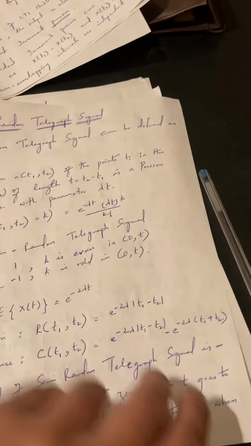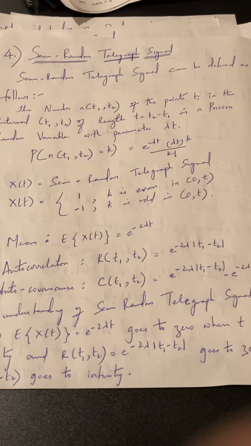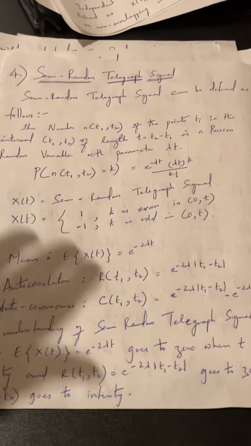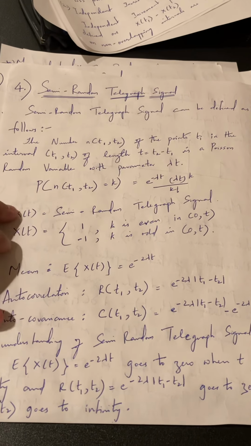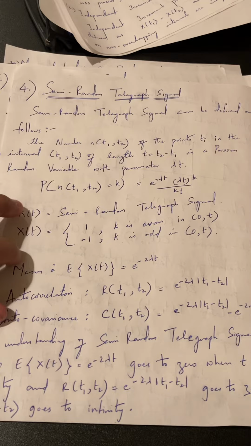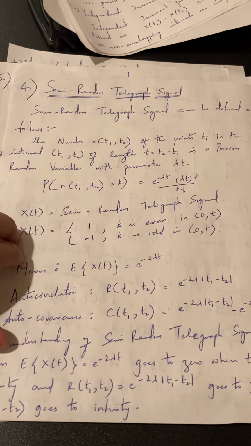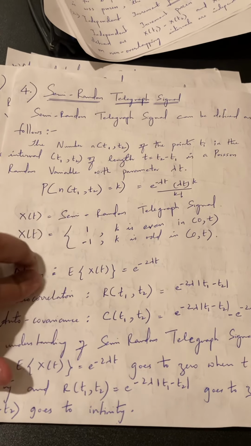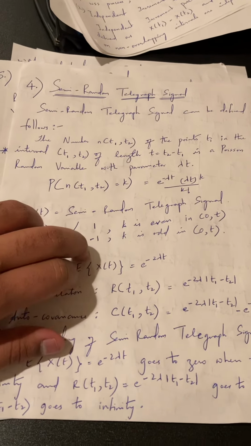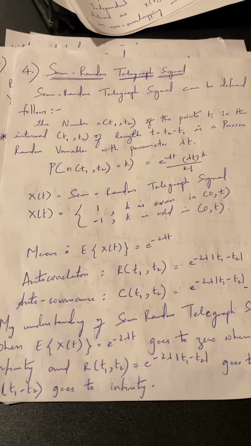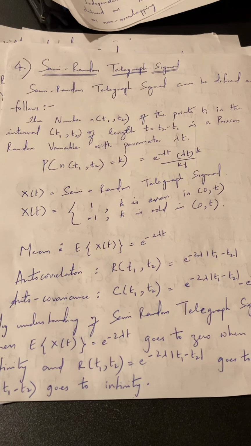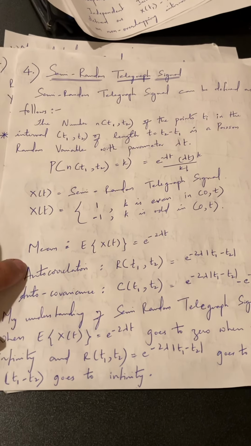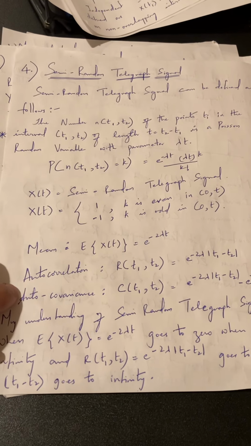The semi-random telegraph signal can be defined as this equation, where when k is even it is x(t), and when k is odd it is minus x(t). The mean is e to the power of minus 2 lambda t. The autocorrelation R(t1, t2) is this equation, and the autocovariance is this equation.